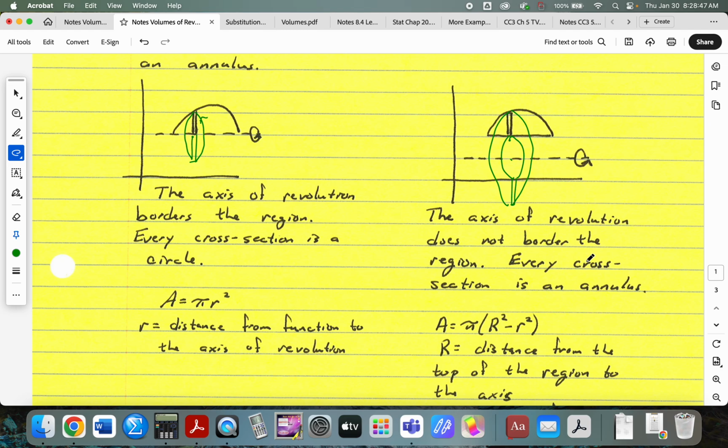Okay, so if your axis of revolution is a border, your cross-section is a circle. And after that, it's exactly like the slices that we just did. And the same for an annulus. Once you know that the cross-section is an annulus, you just need to find all the pieces to fill into your formula.